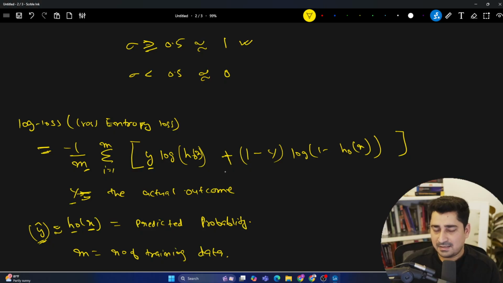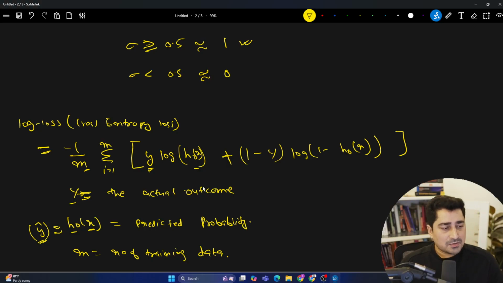But like I said, it's not that difficult, and we can even derive this entire equation from scratch. That's also a 3-4 line step, not more than that. So here: minus 1 by m, summation of y log of predicted plus 1 minus y log of 1 minus predicted. That's it. Here we have y and here 1 minus y. Simple.